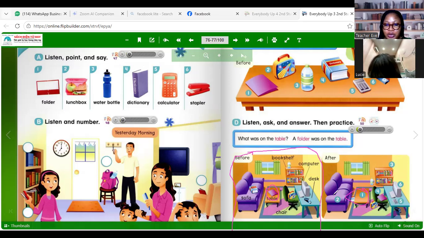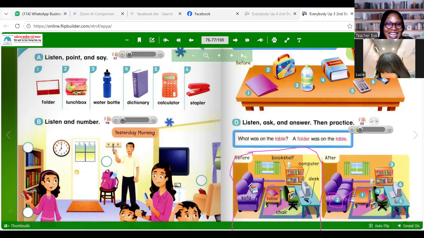Okay, then number two, what was on the sofa? The dictionary was on the sofa. Good, you tried, but this is pronounced as dictionary.